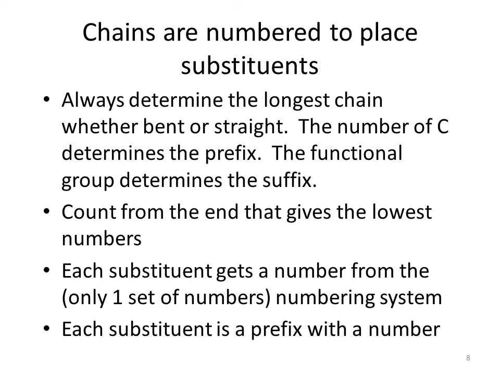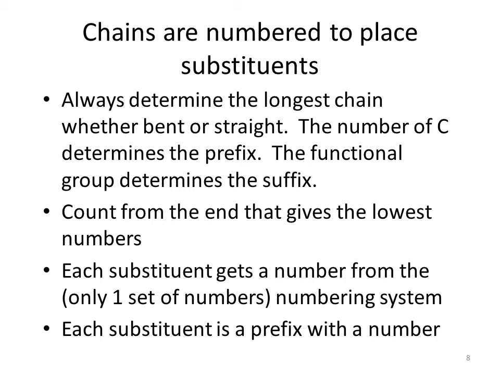Okay, the chains are numbered to place the substituents. So when we talk to each other and we describe a molecule with the name, then the other person can be able to reproduce that structure. So the way that we do this is we always find in the compound the longest chain. Once we find the longest chain, we pick the prefix that tells you how many carbons are in that longest chain.